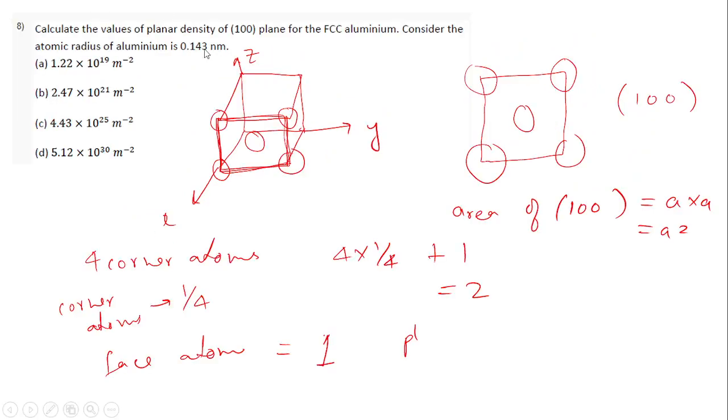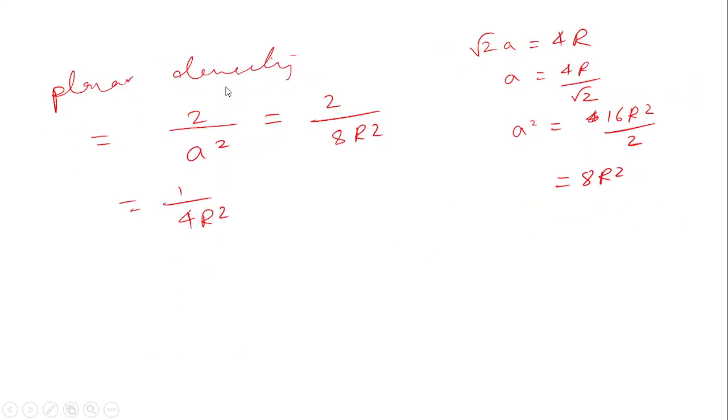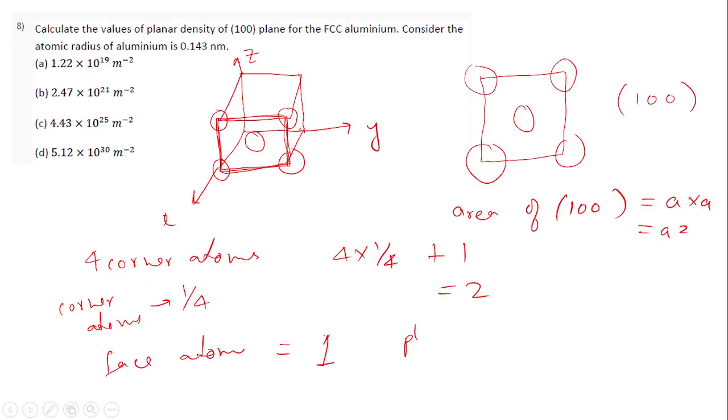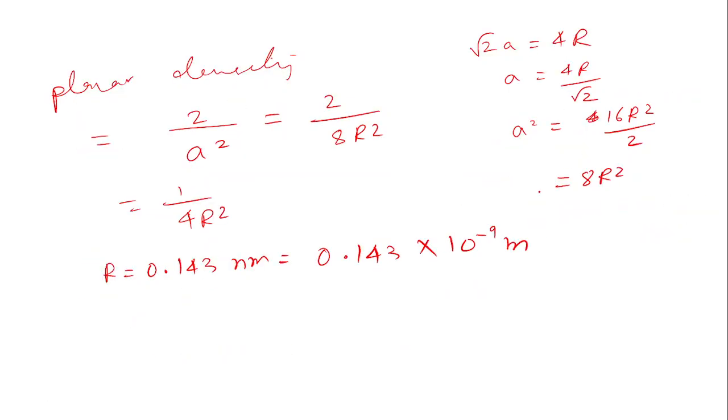Okay, but we have been given the value of radius, which is 0.143 nanometer. 0.143 nanometer means 0.143 times 10 to the power minus 9 meter.